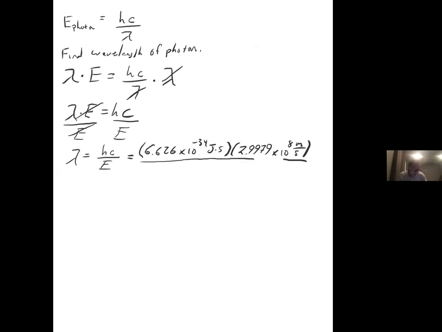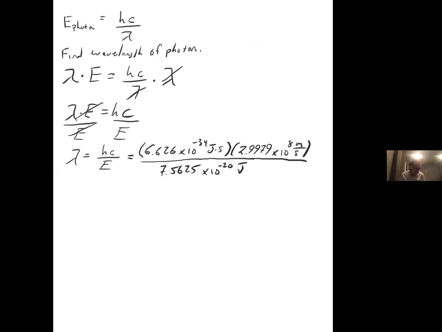And then we're going to divide that by E, which is 7.5625 times 10 to the minus 20 joules. Pretty small numbers, right? So the only number that's large is the speed of light, but the h is tiny, 10 to the minus 34. And then the energies usually are 10 to the minus 18, 10 to the minus 19, 10 to the minus 20. So now we can go ahead and do this calculation.